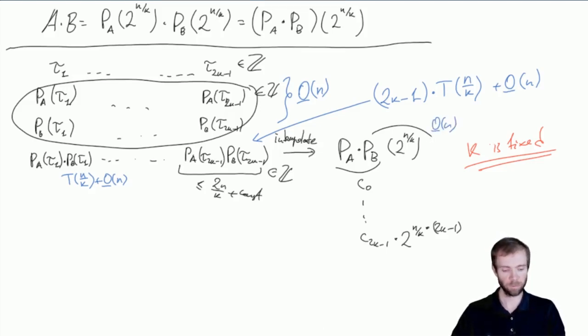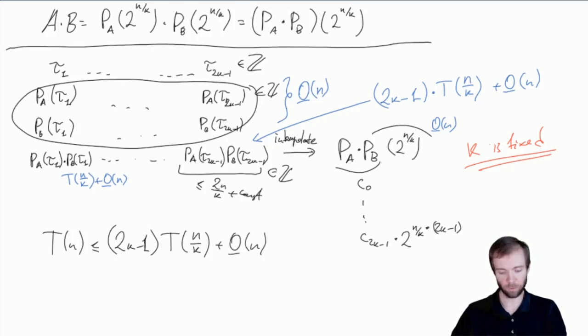So then the computation of a polynomial at a point takes time which is big O of n. All of that is possible because k is fixed here, and thus all such things are linear in n. So in the end, our process involved 2k minus 1 recursive computations of products of numbers of length n over k, plus some linear work to do, and the master theorem would tell us that T of n is big O of n to the power of logarithm base k of 2k minus 1.